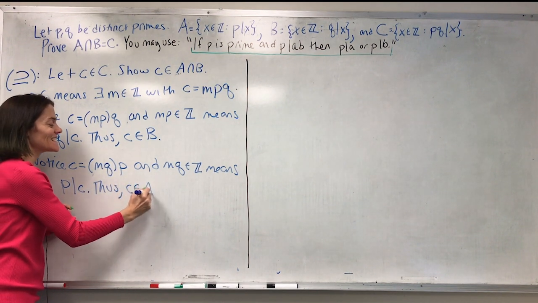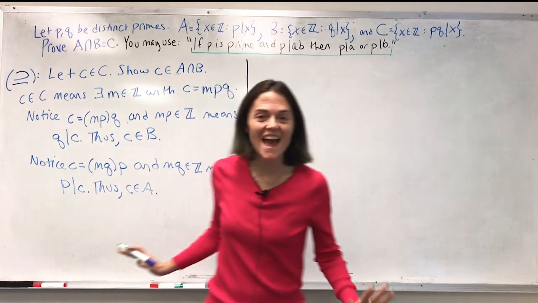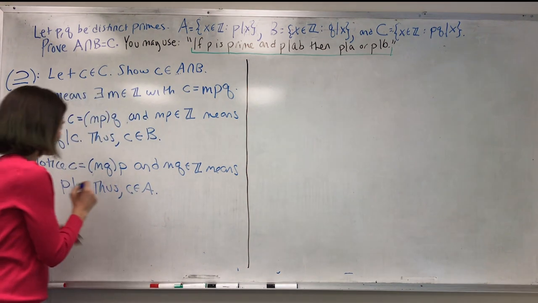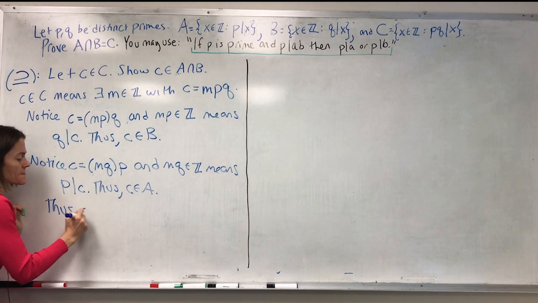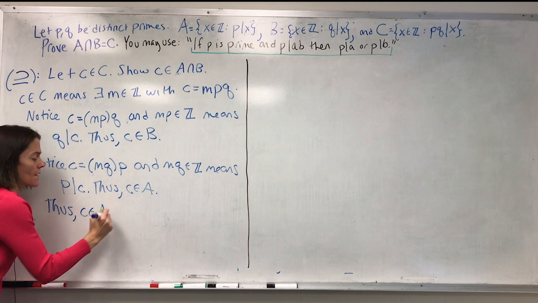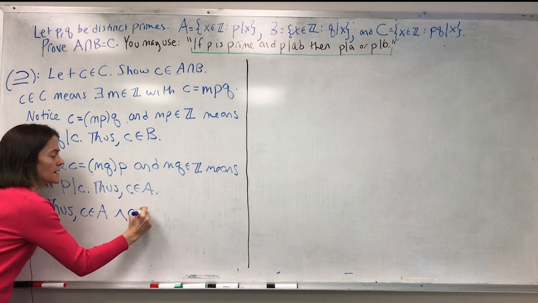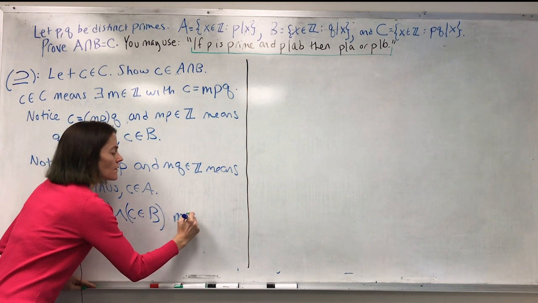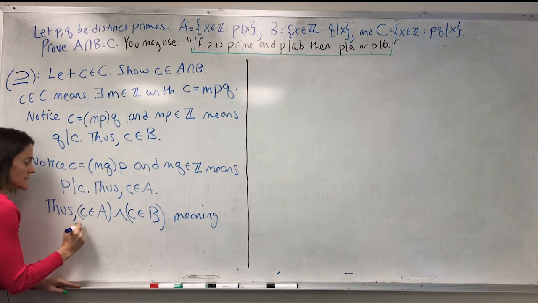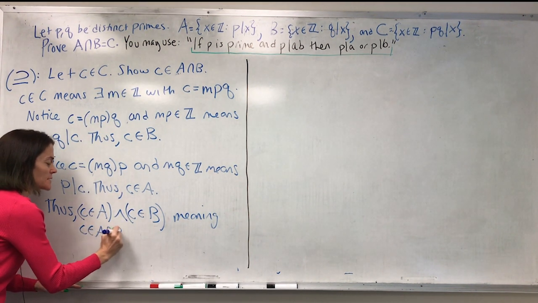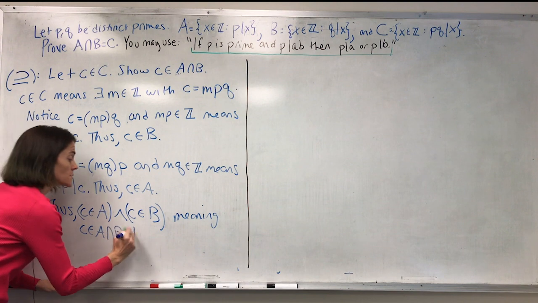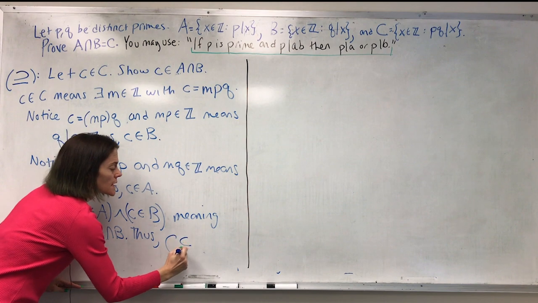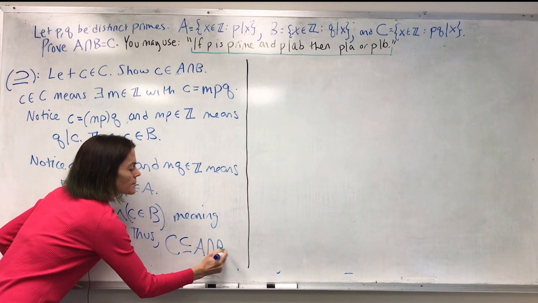So c is in A. Now, if you look at what we have, c is in B, c is in A. Therefore, c is in A intersect B. And this is what we want. So thus, we have shown that C, capital C, is a subset of A intersect B.